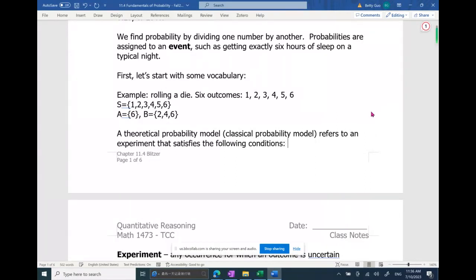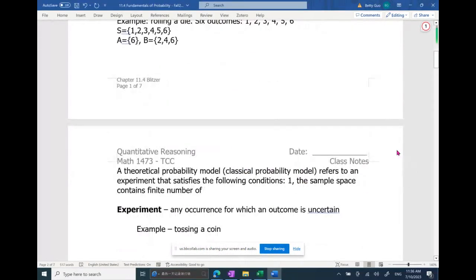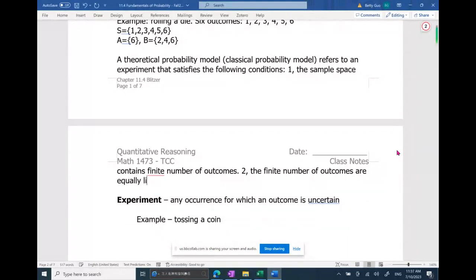The first condition, the sample space of the experiment contains finite number of outcomes. Only finite numbers. Number 2, the finite number of outcomes in the sample space are equally likely to occur.